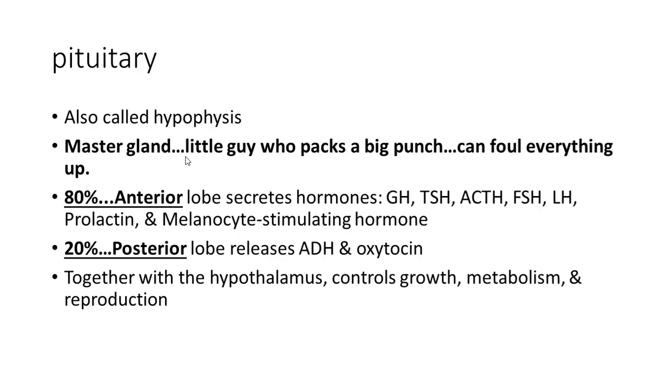Pituitary is another master gland, I guess. There's an anterior portion and a posterior portion. The anterior secretes things like the growth hormone, TSH, ACTH, FSH, prolactin, and the melanocyte stimulating hormone. We will get it.